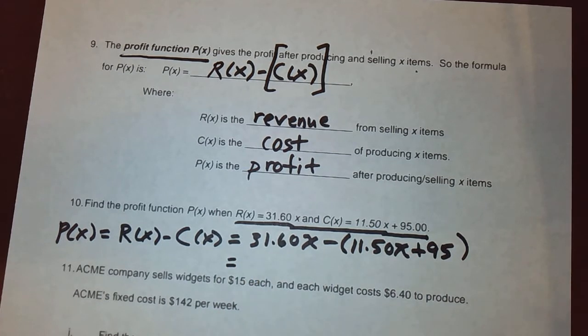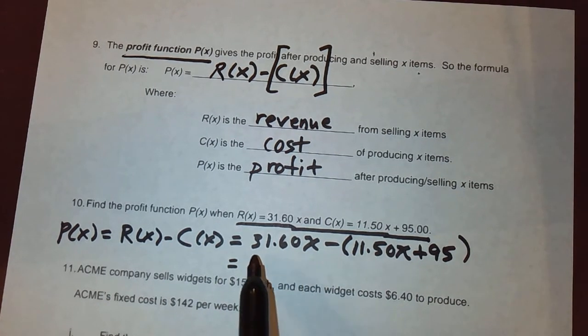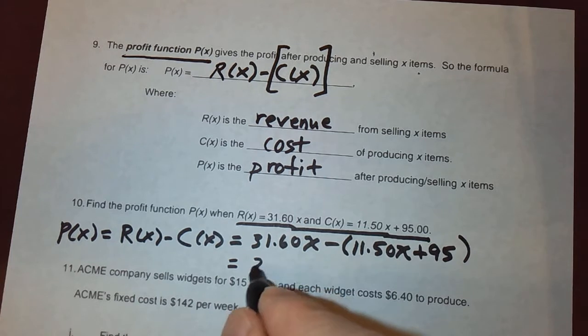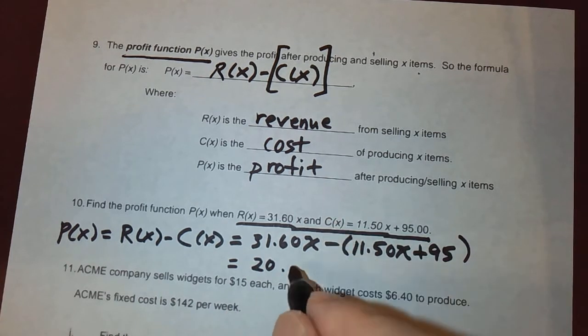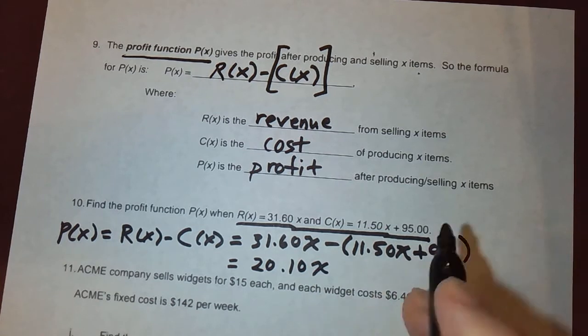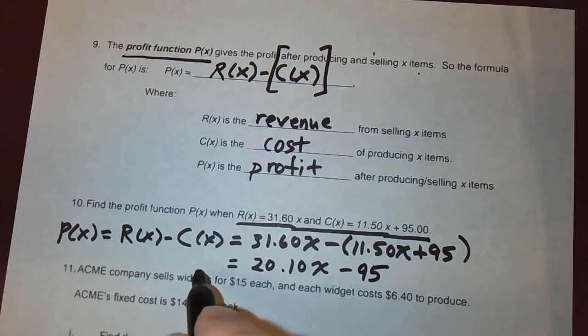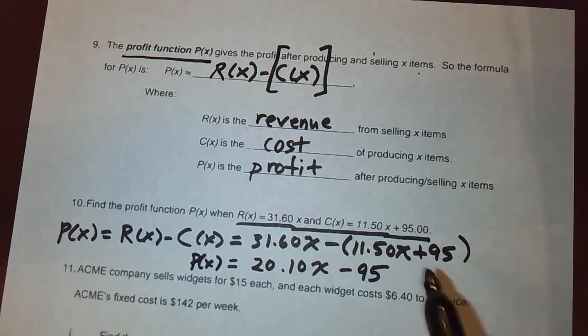And since I've kind of ran out of room, let's just do 31.60 minus 11.50x first, and that gives us $20.10x. And then we need to say minus 95. This is the profit function.